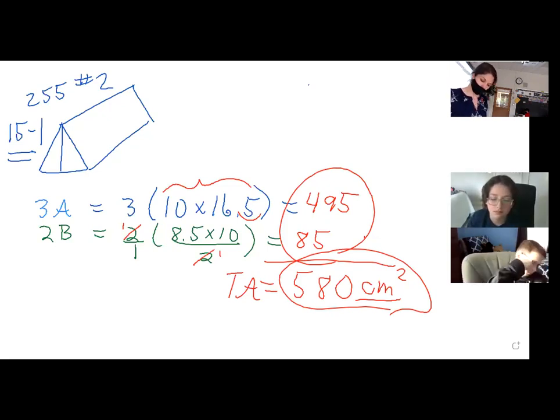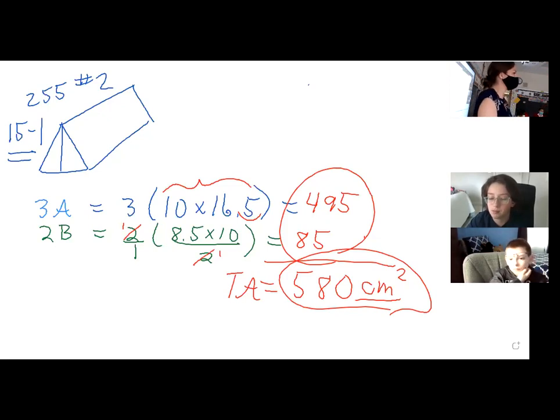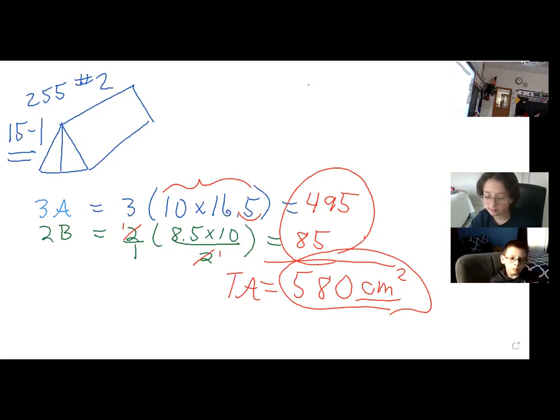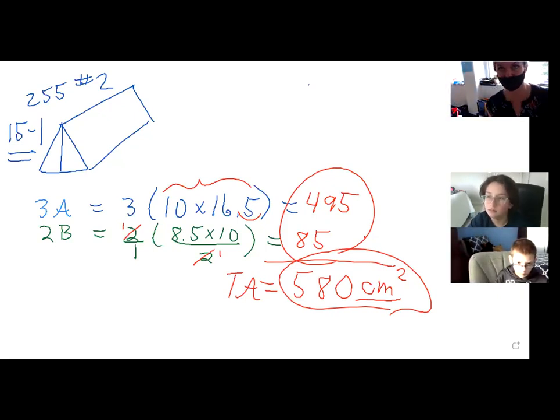Okay. We'll work on this more tomorrow. So don't worry, we're gonna keep building confidence and accuracy with it tomorrow and the next day. Yep. I don't mind if you do it on loose leaf or in your notebook. I don't care. Yes, please draw the nets for all the figures as you work.